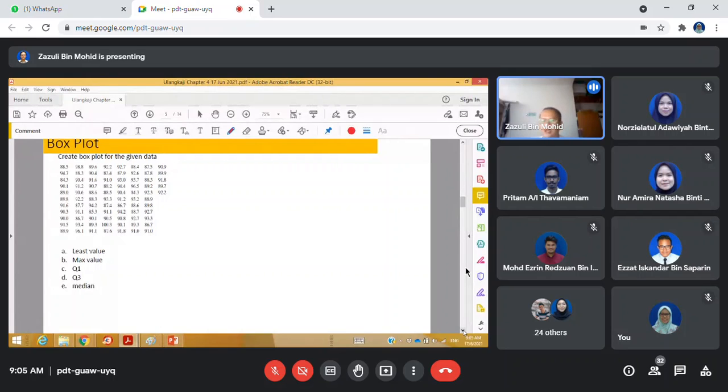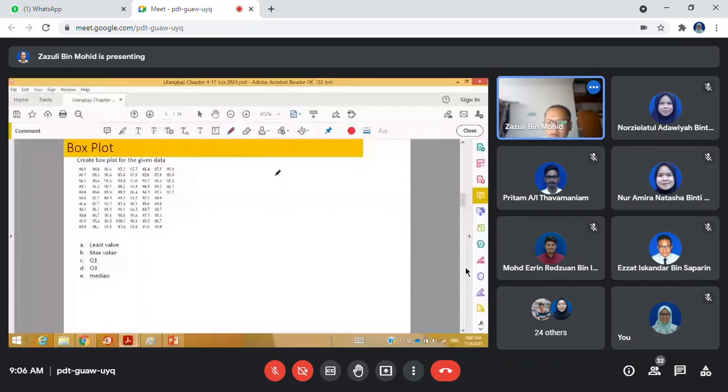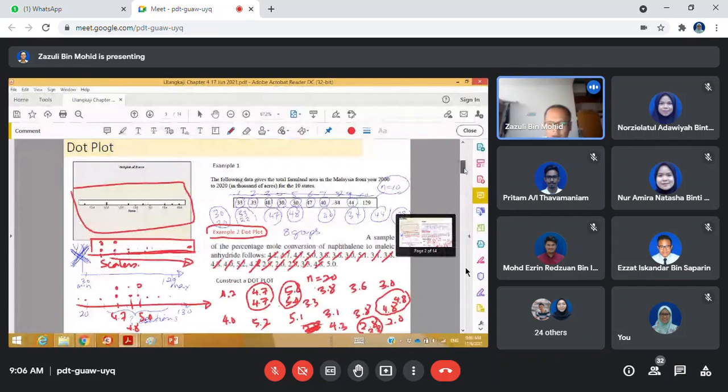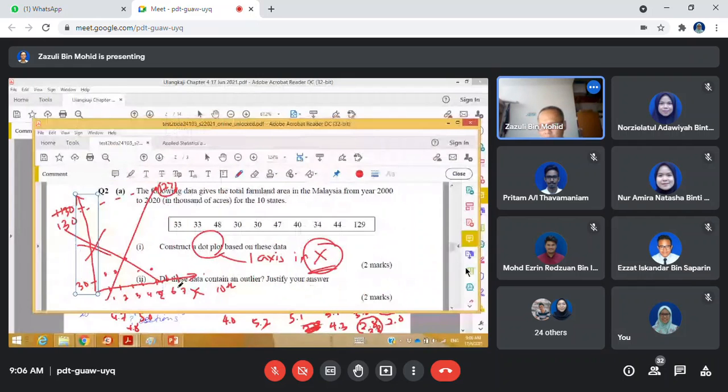Before you draw the box plot, in your test 2 you actually have the dot plot. Okay, and in your examination you will be asked: do these data contain any outliers?